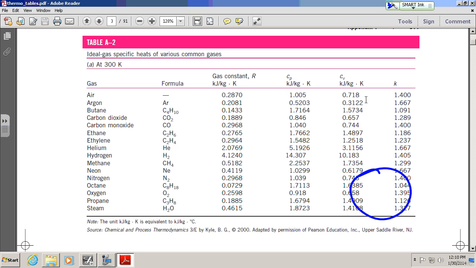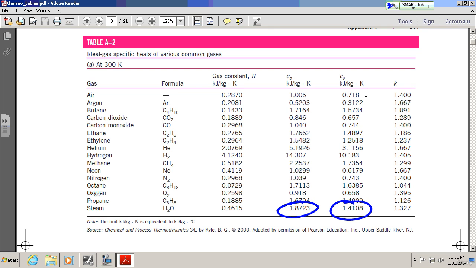Here we go. It's on table A2, ideal gas specific heats of various common gases. This one says at 300 K, so it may not be exactly where you're at, but there's lots of tables. But here you've got C sub P and C sub V. C sub P is always going to be greater than C sub V. But you have to have them both, unfortunately, for gases.